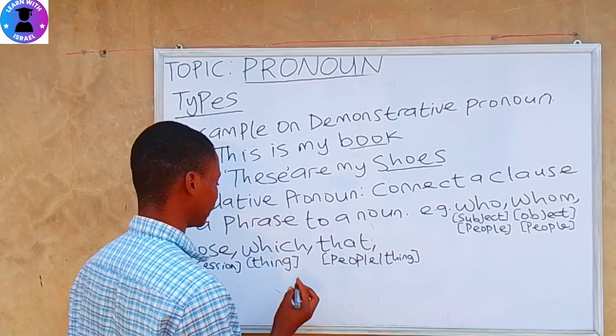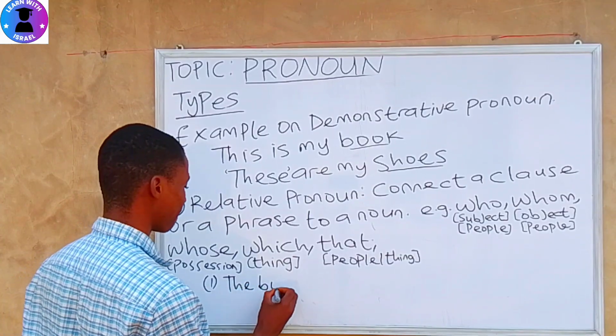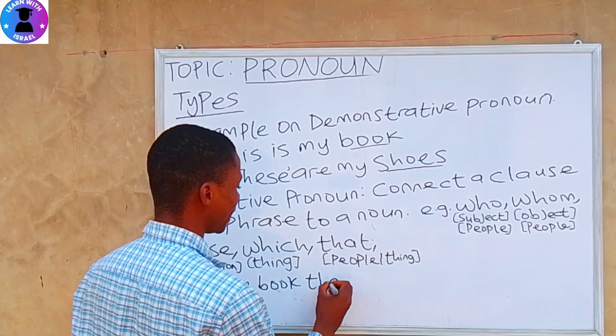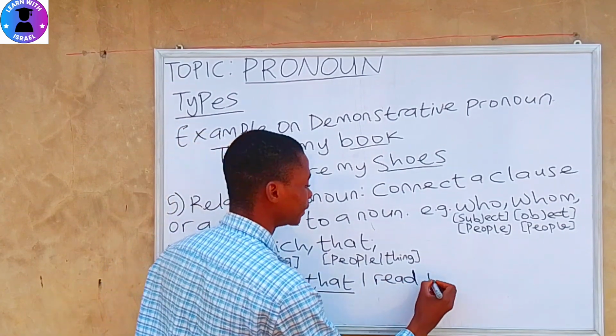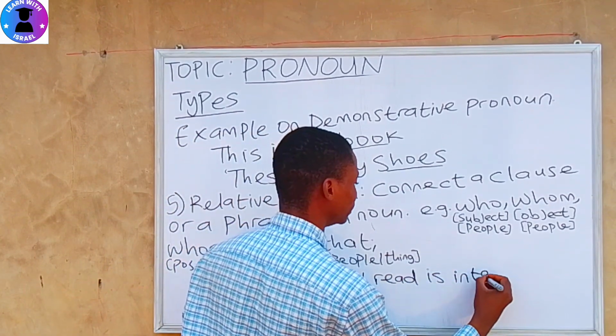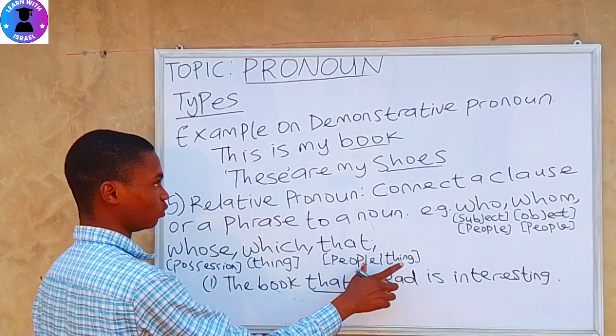So let me give examples. First example: the book that I read is interesting. As you can see, that can refer to people or things.